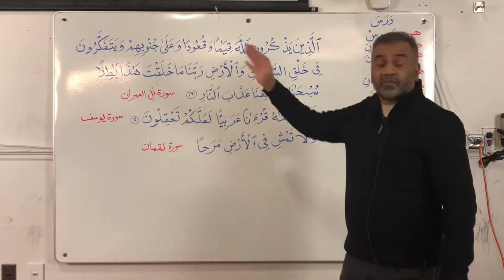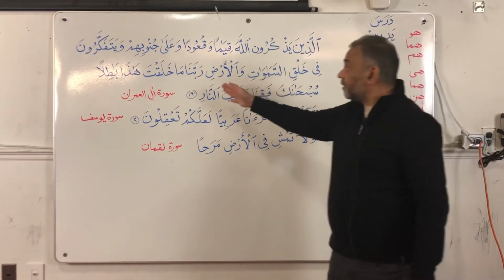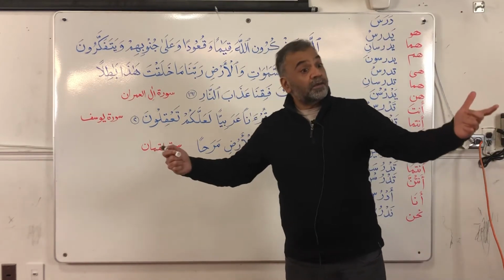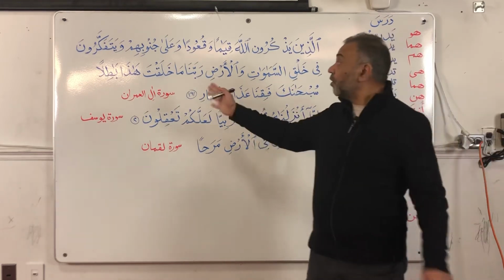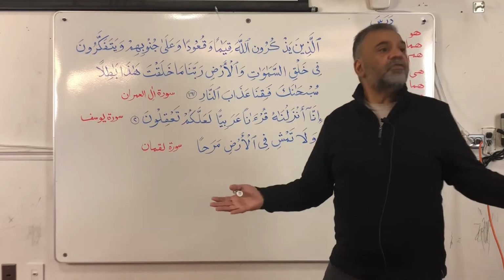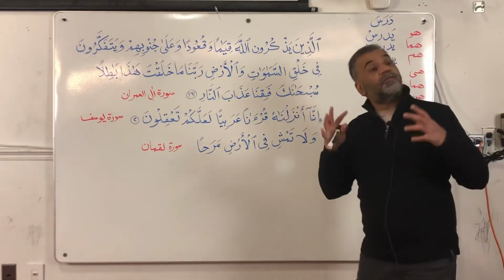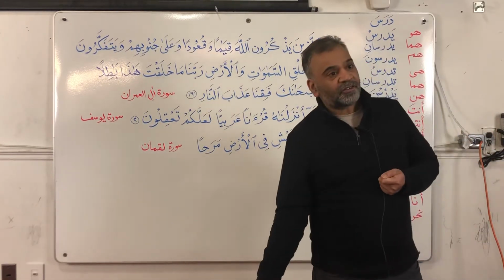Yatafakkaruna, and they start pondering upon the creation of heavens and earth, and then suddenly they realize, oh our Lord, because now they have come to a realization, a second stage, oh our Lord, you have not created this whole thing useless. And this is the third stage, and suddenly after realizing this, they are glorifying Allah subhanahu wa ta'ala. This is your third stage.